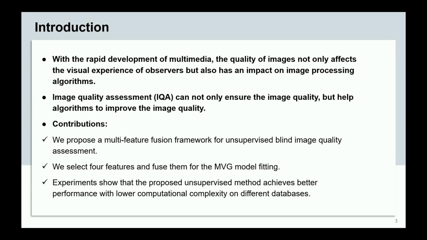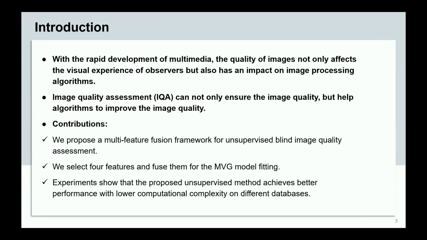The quality of images not only affects the visual experience of observers, but also has an impact on image processing algorithms. In addition, in the image process of images, such as acquisition, compression, transmission, and display, various distortions would be introduced.